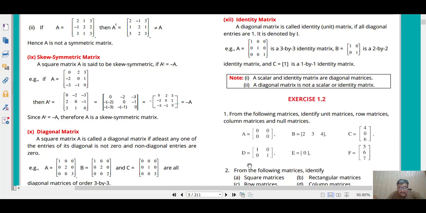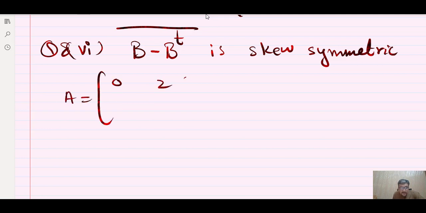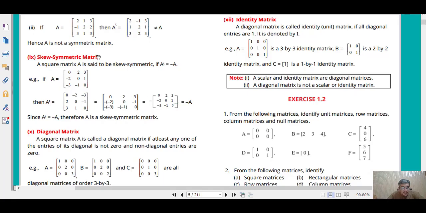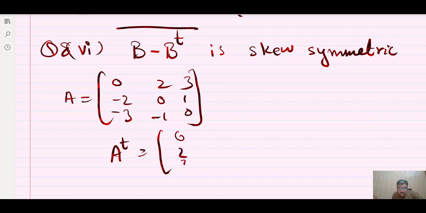Let me write this matrix here, 0 2 3, and its transpose. If I take its transpose, it will be 0, 2, 3, minus 2, 0, 1, minus 3, minus 1, 0. I have changed the rows into columns.